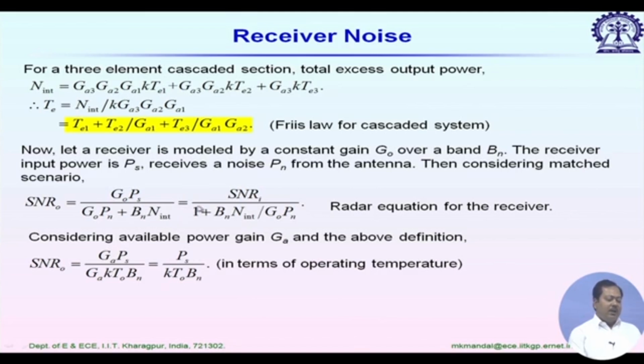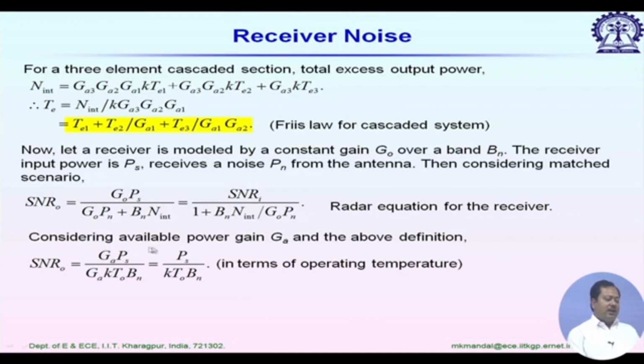It can be written as the SNR at the input divided by 1 plus Bn n internal divided by G naught Pn. How do we come here? Simply divide both numerator and denominator by G naught Pn, so the top becomes Ps by Pn, which is the SNR at the input. This equation is called the radar equation for the receiver. It is one important parameter.